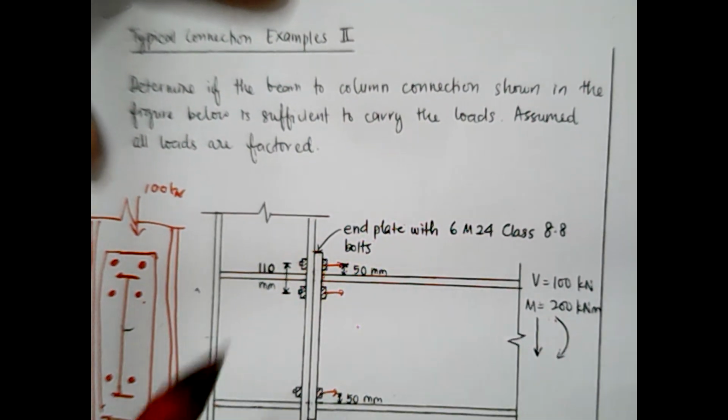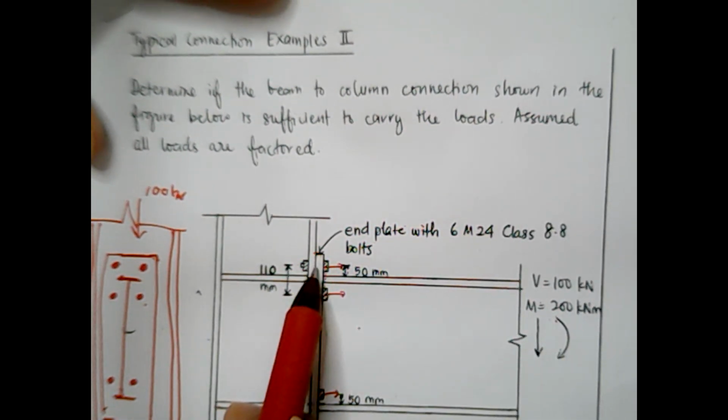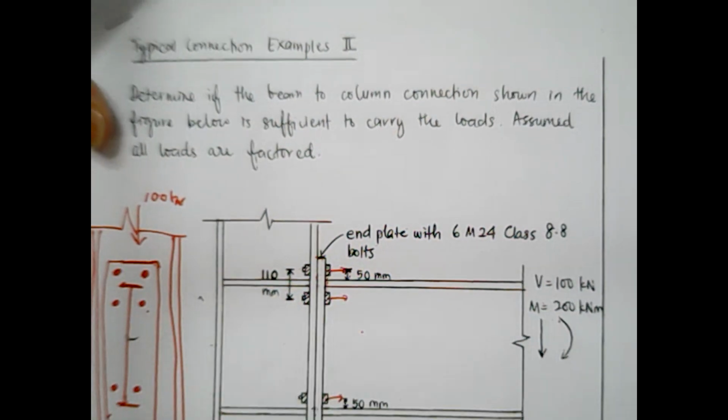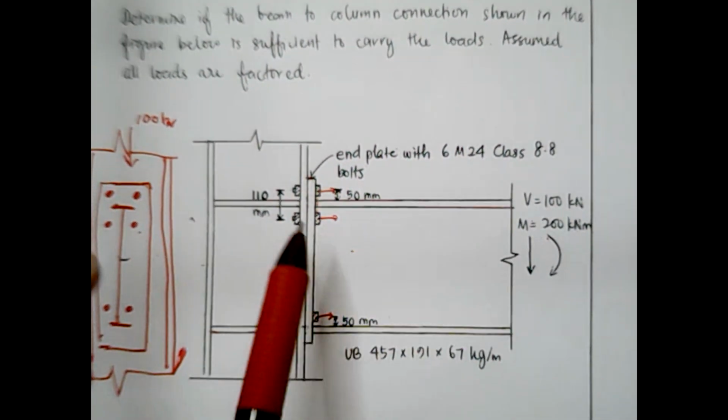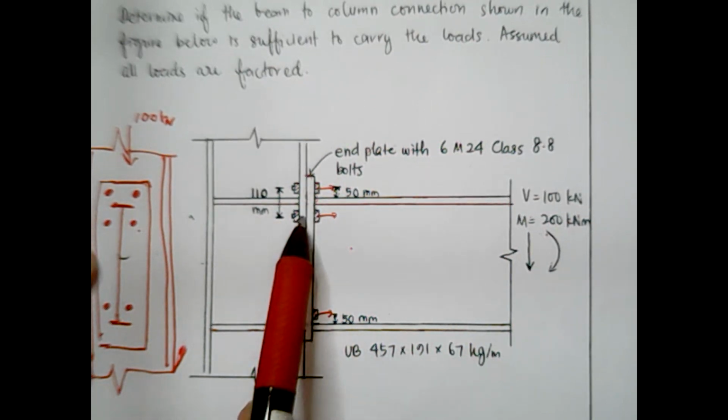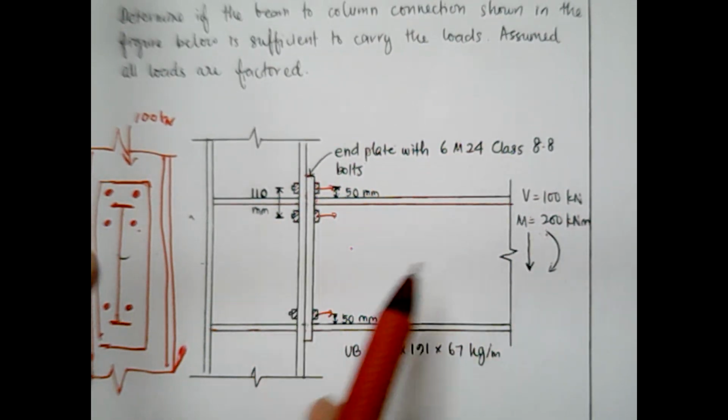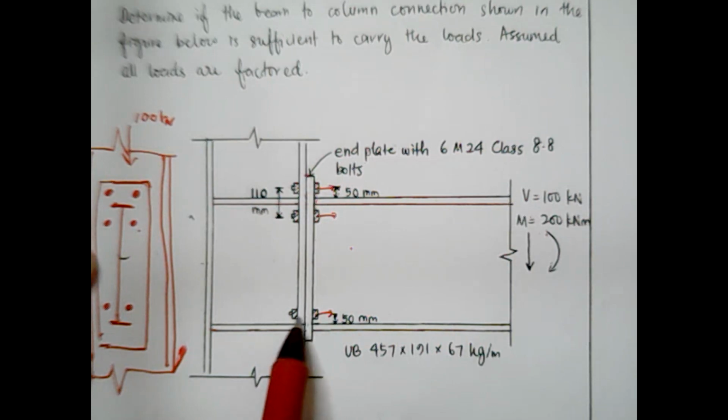The example only shows the top bolt, but definitely you must complete this example by checking through the next row of bolts, which is this second bolt, and the bottom bolt, the third bolt.